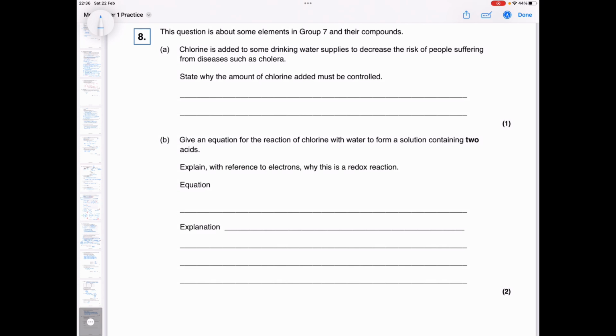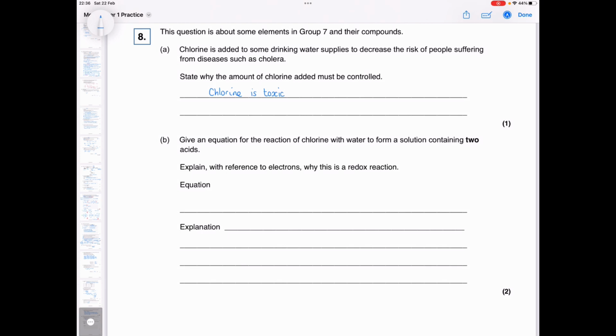And this is because chlorine is toxic. And that's why we would want to add it to reduce the risk of disease, because cholera is a bacteria, is going to be killed by chlorine. But we don't want that amount of chlorine to cause harm to people drinking the water.